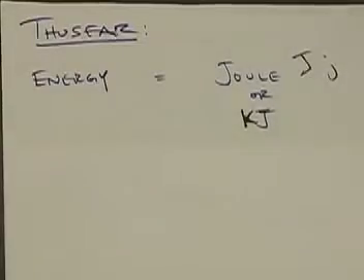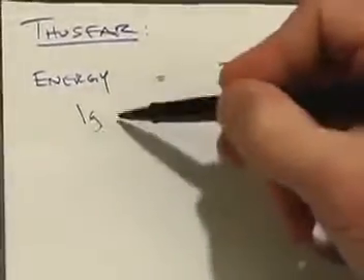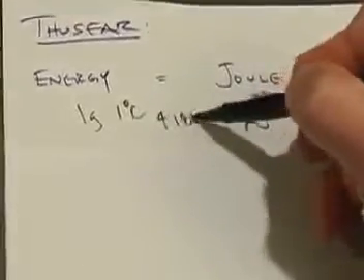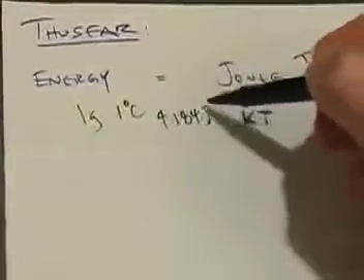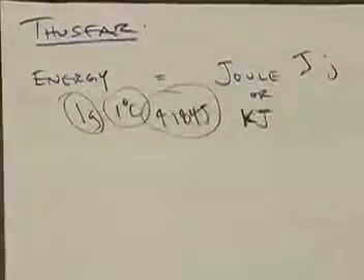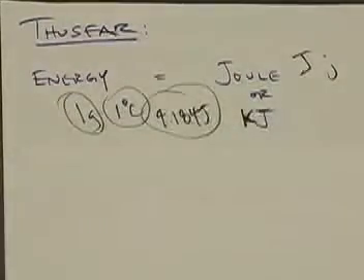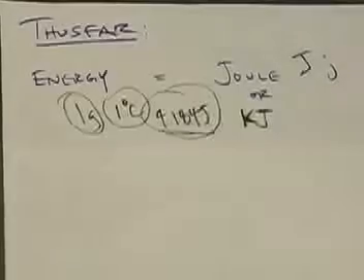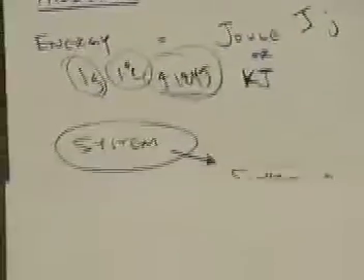The amount of energy needed to raise 1 gram of water 1 degree Celsius is 4.184 joules of energy. And this amount sometimes becomes very critical because it turns out to be something called the specific heat of water that we'll look at in a little while. 4.184 is a number you end up usually memorizing.